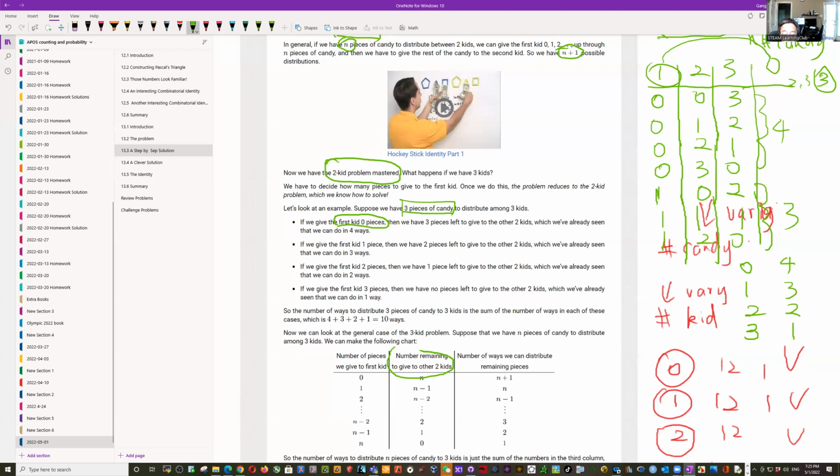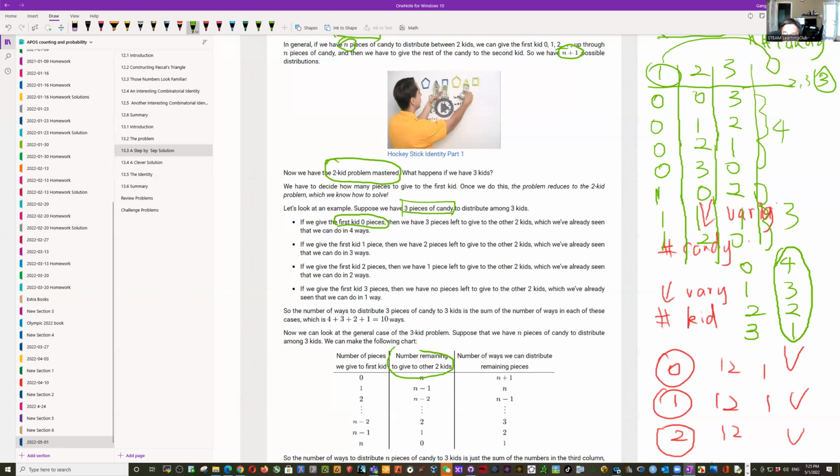So 3 basically just means that I gave all 3 candy to the first kid. Then for the last 2 kids, they both get no candy. So that's only 1 way. So basically, this became 4 plus 3 plus 2 plus 1.